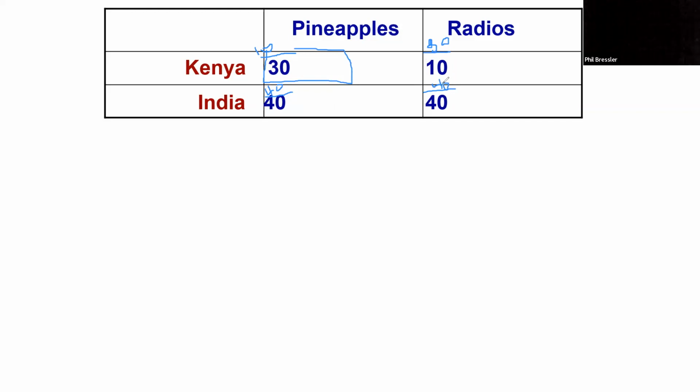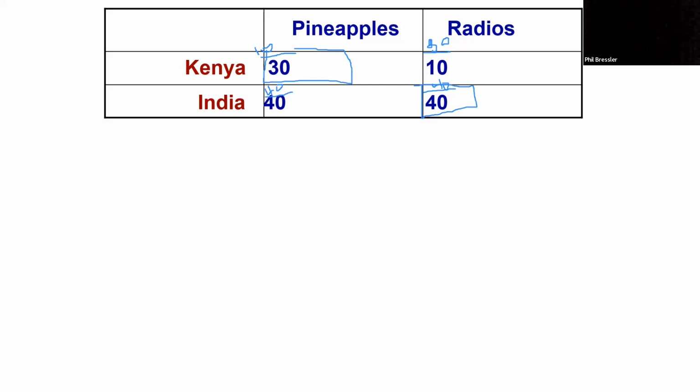Okay. 1 is lower than 3. You're always looking for the lowest opportunity cost. So therefore, India has the comparative advantage in radios, and Kenya has the comparative advantage in pineapples. Again, notice you cannot have the comparative advantage in both. Okay?